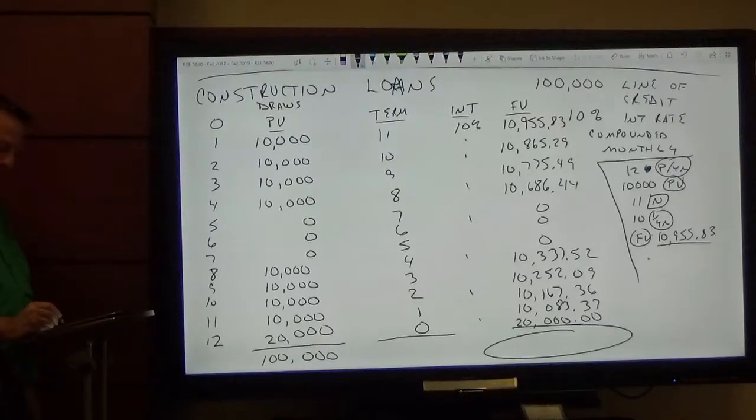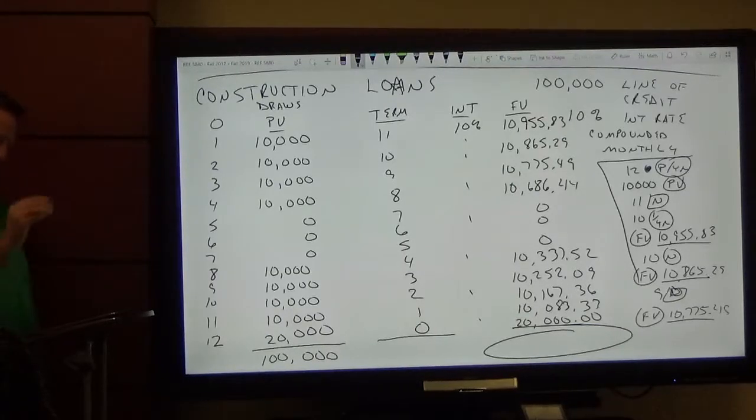Then start lowering that term to, let's say, 10 months, resolve, and you end up with 10,865.29. 9 in, future value, 10,775.49, and so forth and so on. Okay? That make sense, everybody?